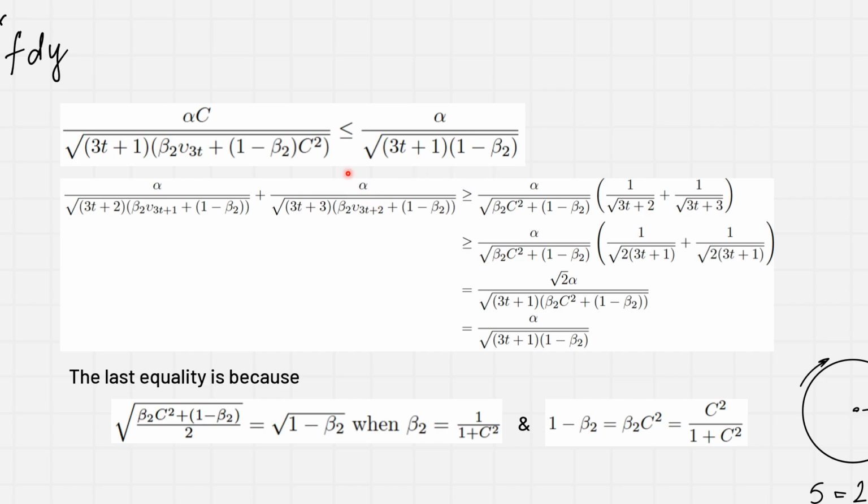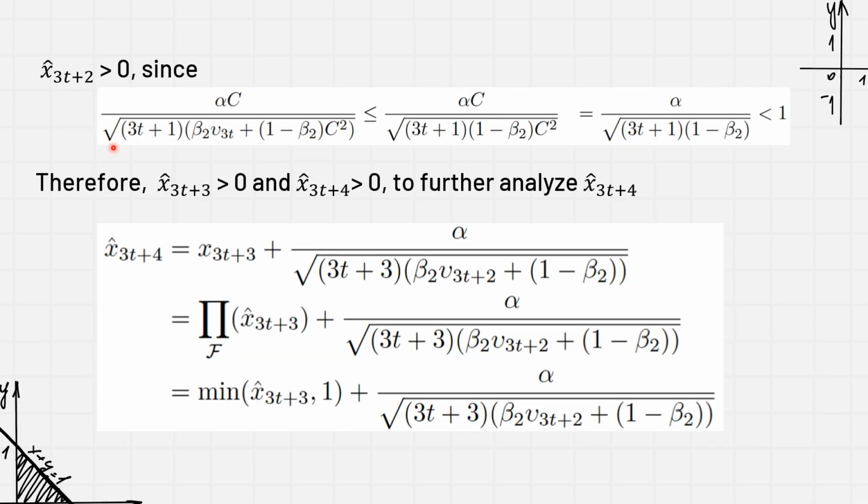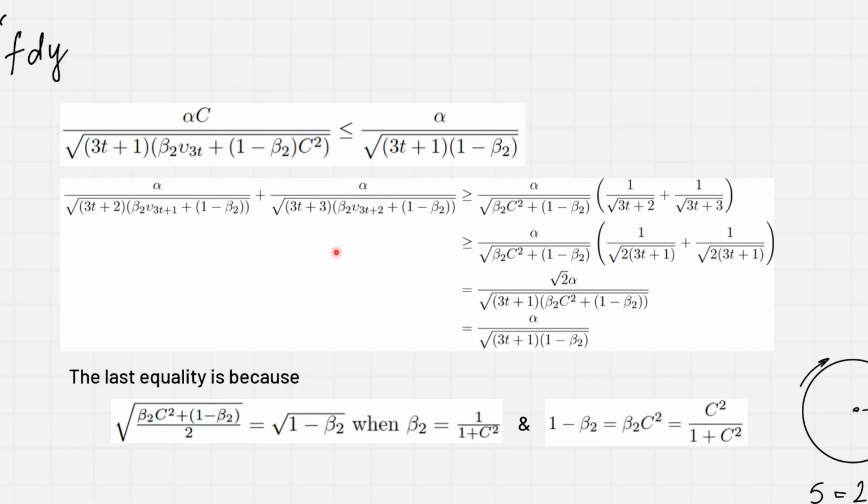Fortunately, we found a variable that lies between the two, and this inequality comes from what we mentioned in the previous slide. We can see that 2 is greater than alpha over root 3t plus 1 multiplied by 1 minus beta 2. Here we change 3t plus 2 and 3t plus 3 to a much greater number, 2 multiplied by 3t plus 1.